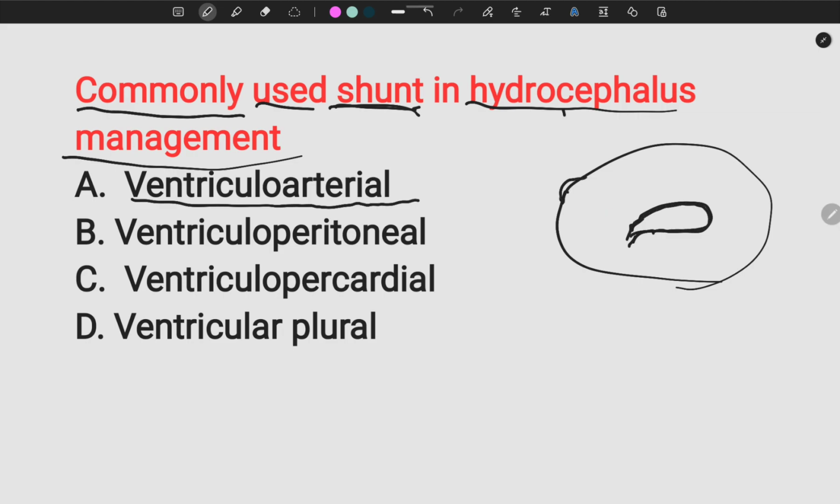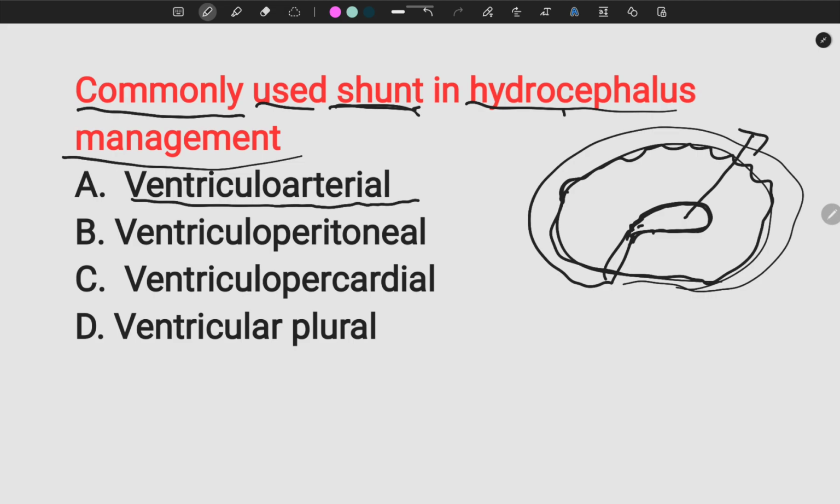Due to the increase of CSF around the brain, it will affect the brain function. So in this case we have to remove the extra fluid from the ventricles. A shunt is nothing but a tube connection between the ventricles and another organ.